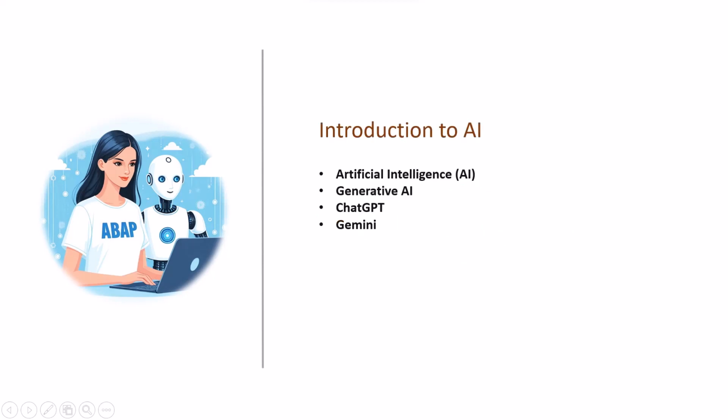Let's understand the meaning behind the buzzwords everyone is using. Artificial intelligence or AI is a field of computer science that aims to create systems capable of performing tasks that would normally require human intelligence. This includes learning from experience, understanding natural language, recognizing patterns, solving problems, and making decisions.